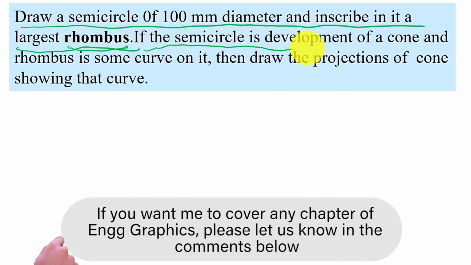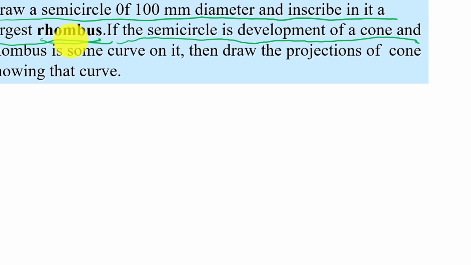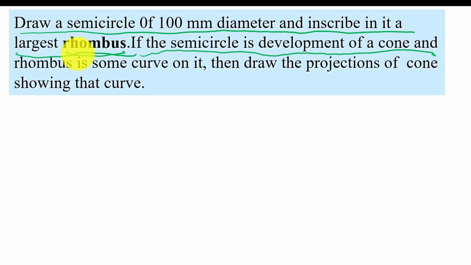If the semicircle is the development of a cone, whatever development you have got as a 100 mm diameter semicircle, this is nothing but a development of a given cone. In this you are going to inscribe the biggest possible rhombus.